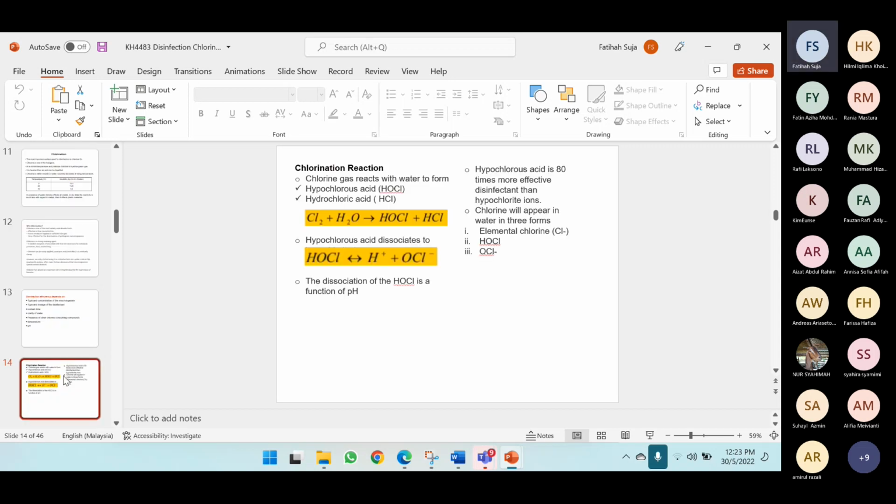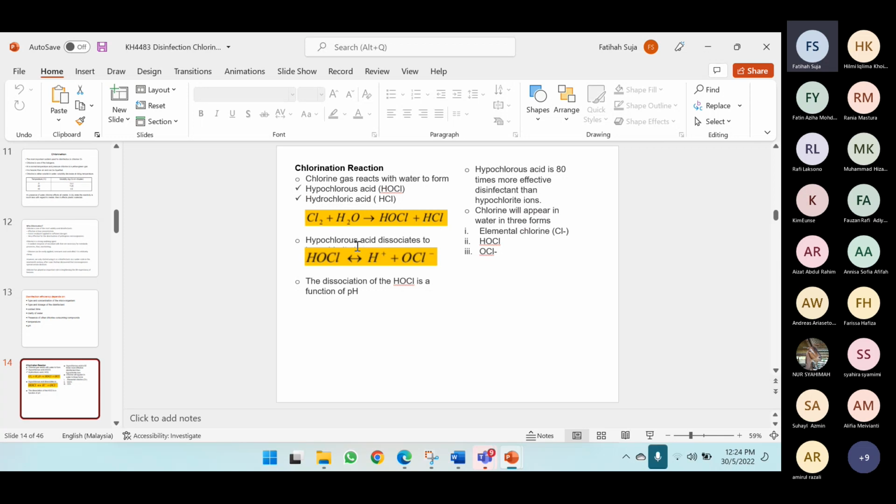Okay. So the chlorination reaction. You can see here that chlorine gas reacts with water to form hypochlorous acid and hydrochloric acid. Hypochlorous acid and hydrochloric acid.